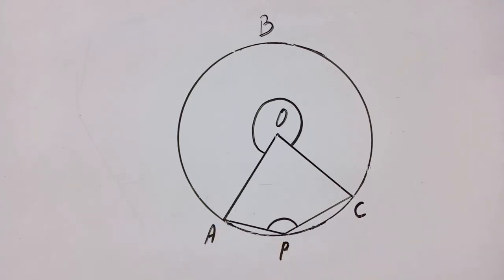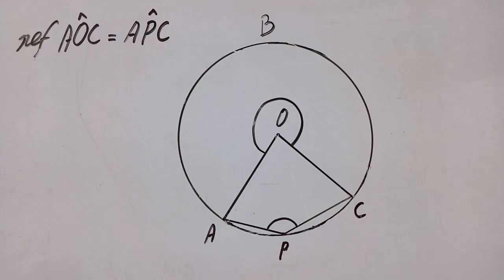So the reflex angle AOC is double the angle APC, and angle APC is half of the reflex angle AOC.